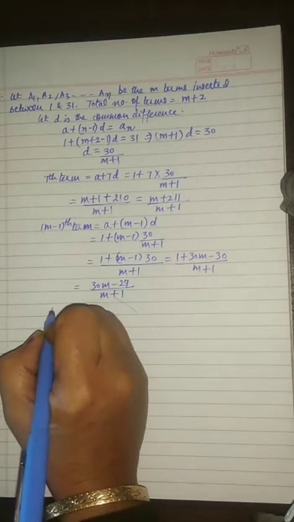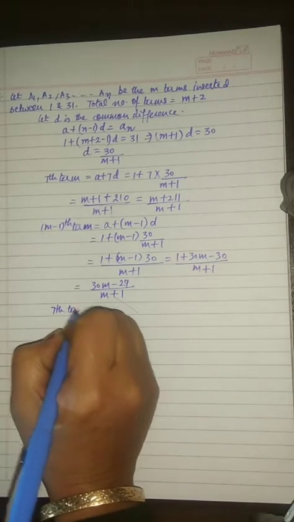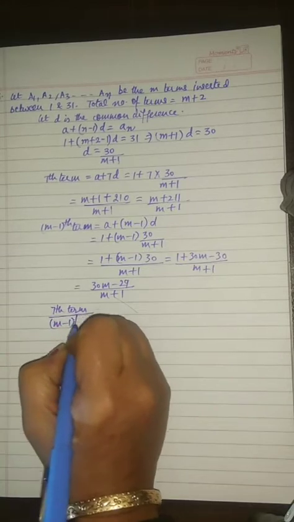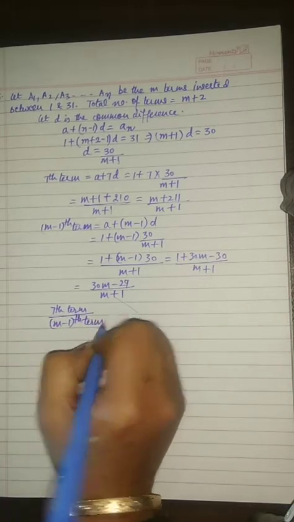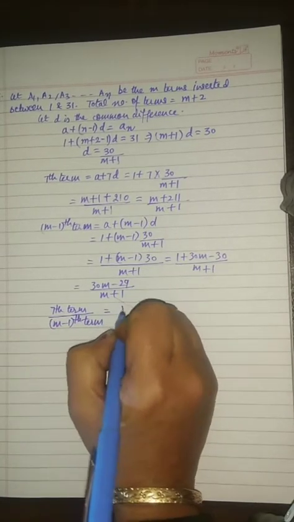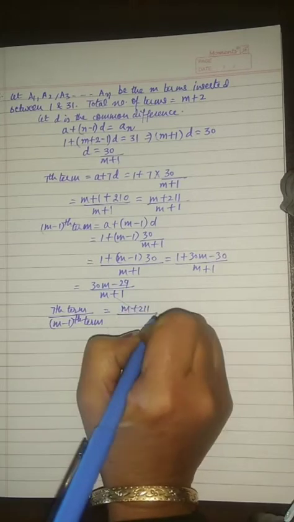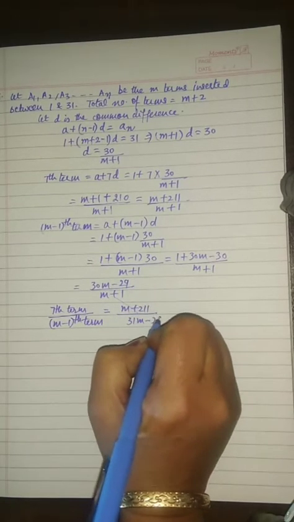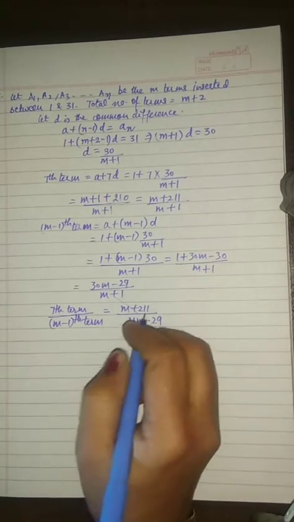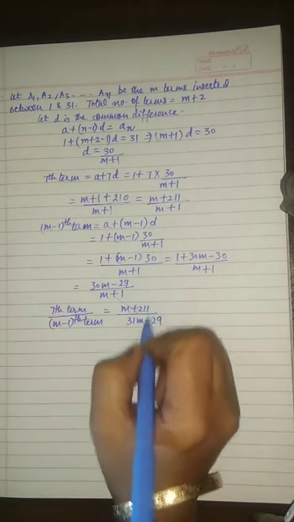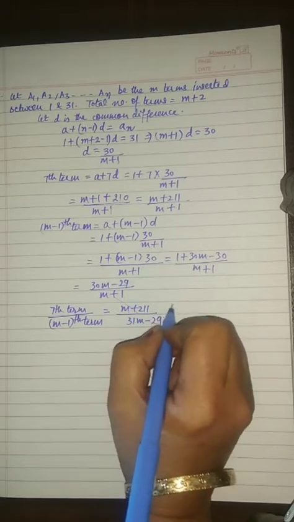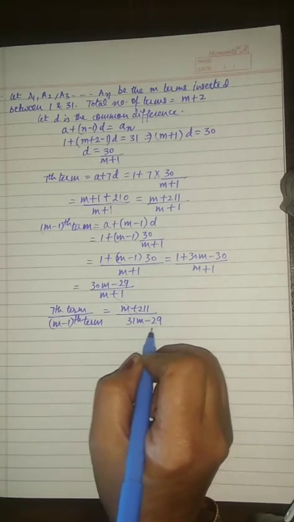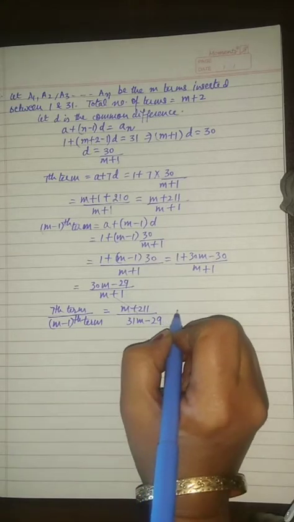Now we will find the ratio of the 7th term upon the (m minus 1)th term, which is equal to (m plus 211) upon (31m minus 29), because m plus 1 will cancel from both these terms. So we are left with (m plus 211) upon (31m minus 29).